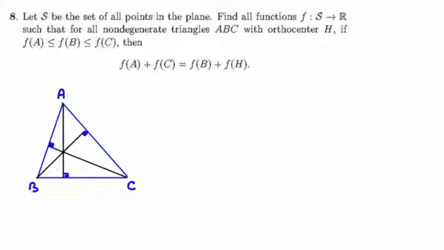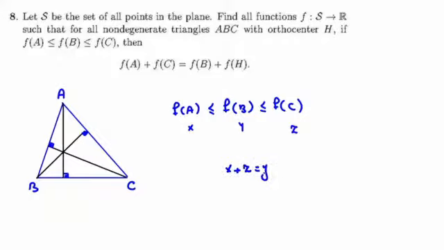Suppose f of A is less than or equal to f of B, which is less than or equal to f of C. So suppose f of A is X, less than or equal to f of B, which is Y, less than or equal to f of C, which is Z. And then we can say f of A plus f of C, first one plus last one, equals the middle one plus f of H. Suppose f of H is also W. Another important thing is that non-degenerate means the area is not zero, meaning the vertices are not collinear.